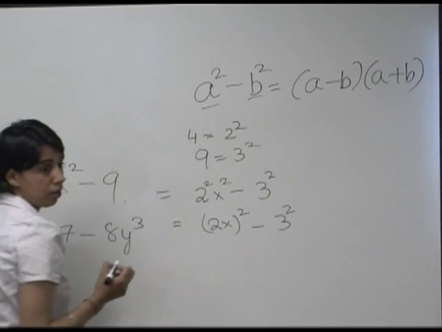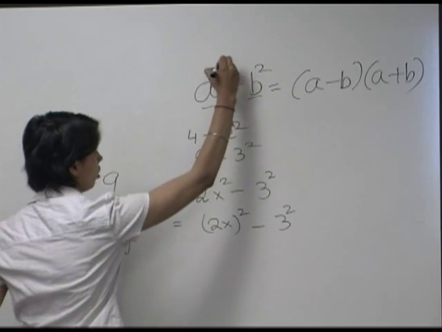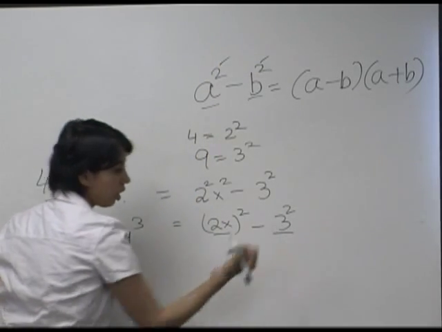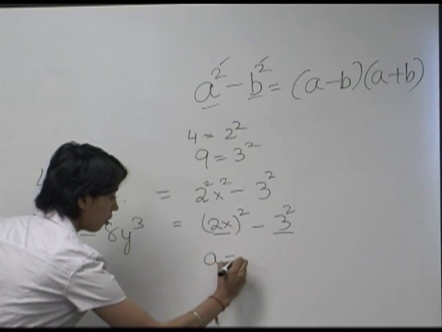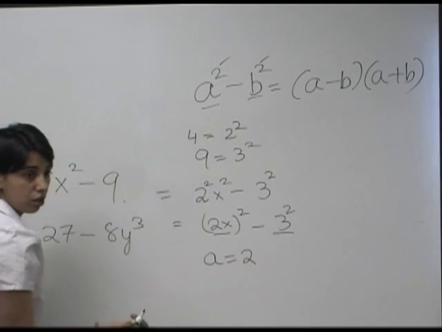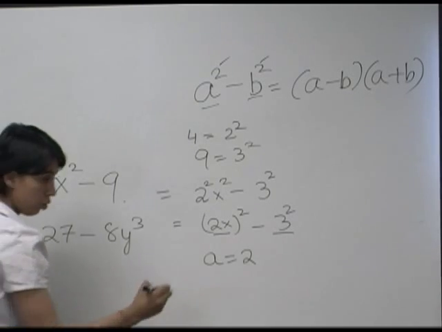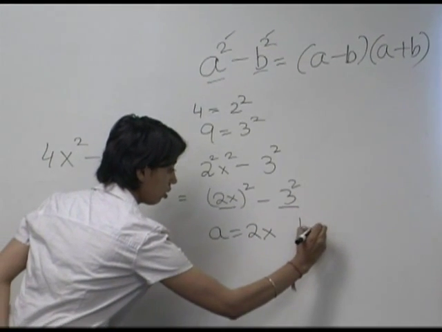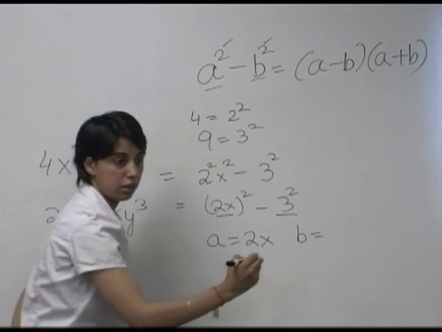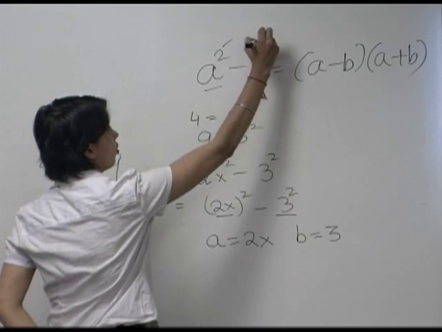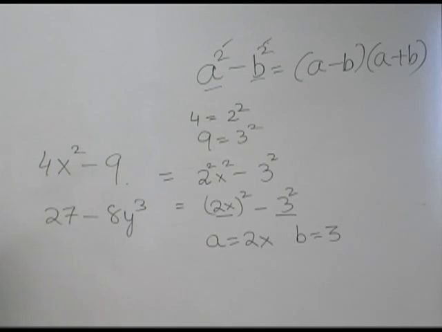Right? Now, what is my a here? This is the formula for me. I have squared and squared. What is my a and b? A is just 2x. And what is my b? B is what? Just 3, right? Because, see here, you're just looking for a and b, not the square term.